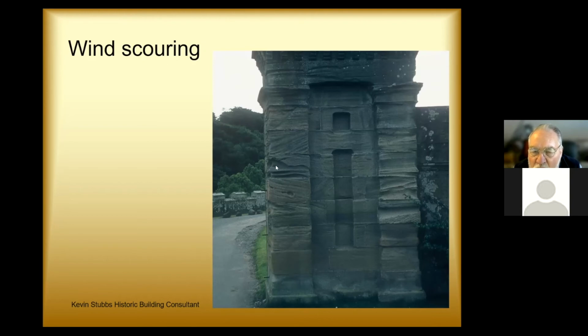So we've got very basically soft beds naturally occurring within the stone, and the way that this building is constructed caused vortexes of wind in some areas around the building, which will scour away the softer lenses of material in the stone. So again, it's a difficult one because it's down to the original plan and form of the building, and also the selection of the stone.